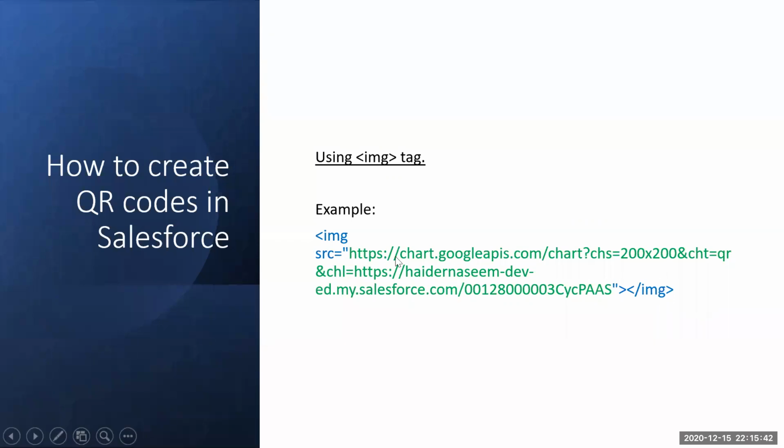And within the source, you have your Google Chart API link just as before. And within the chart link, you have your account or whatever URL you would like to display.